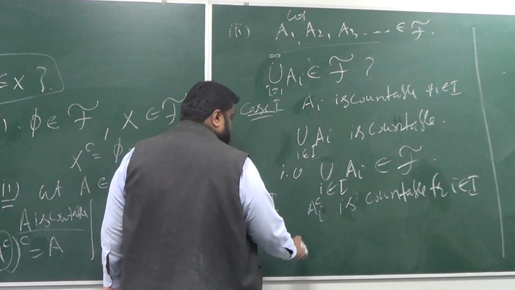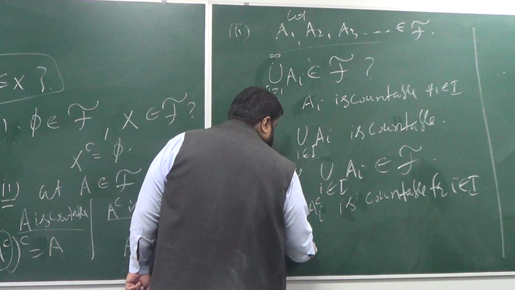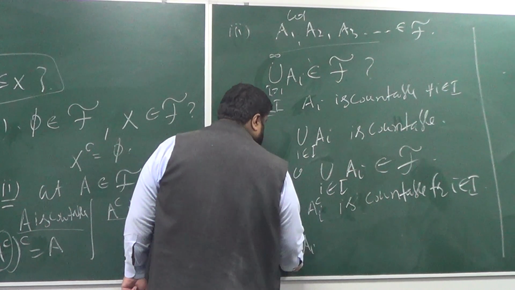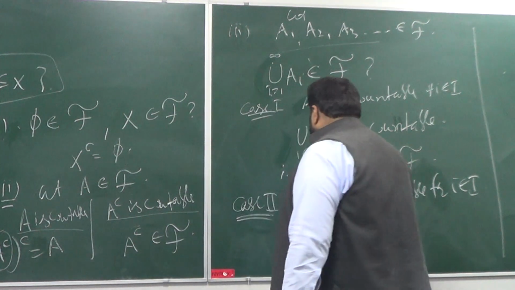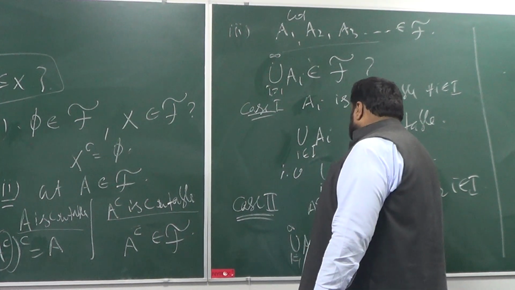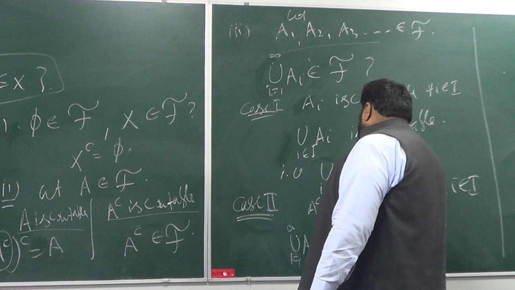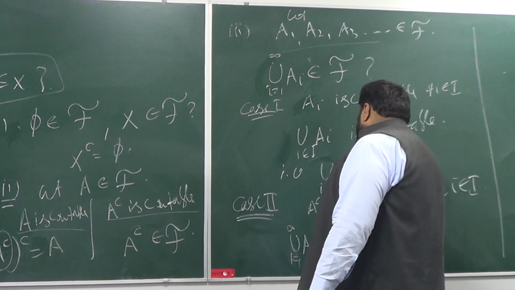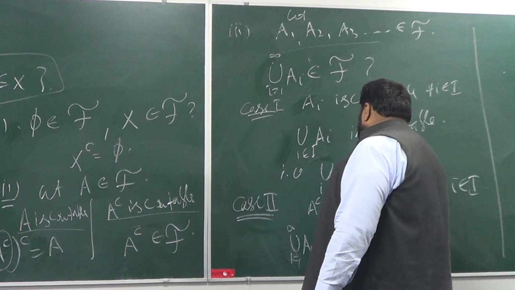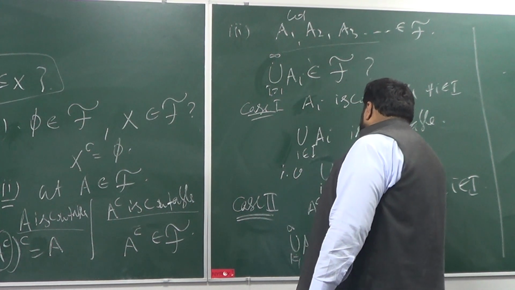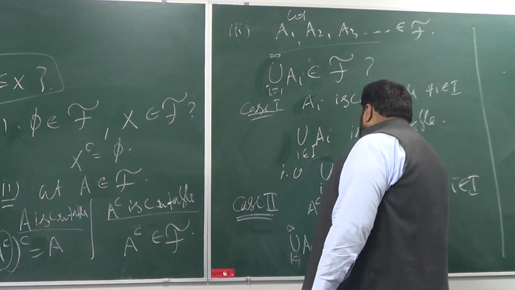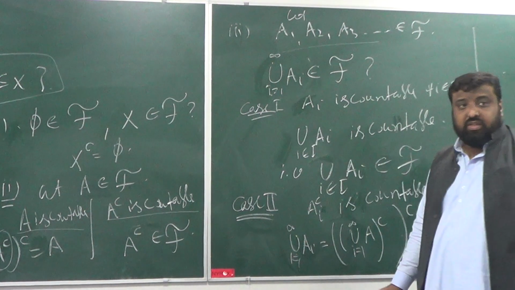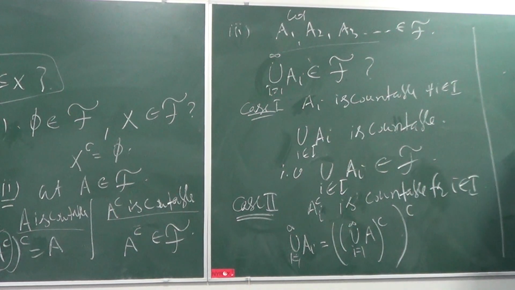So what should I do? The union of A_i, where i goes from 1 to infinity, is equal to the complement of the intersection of the complements, something like this.